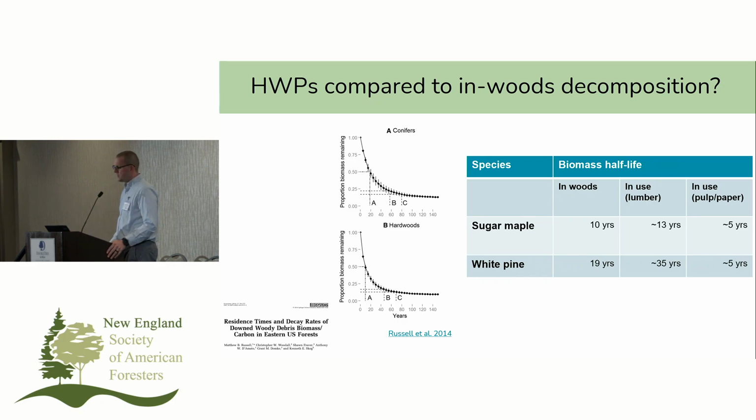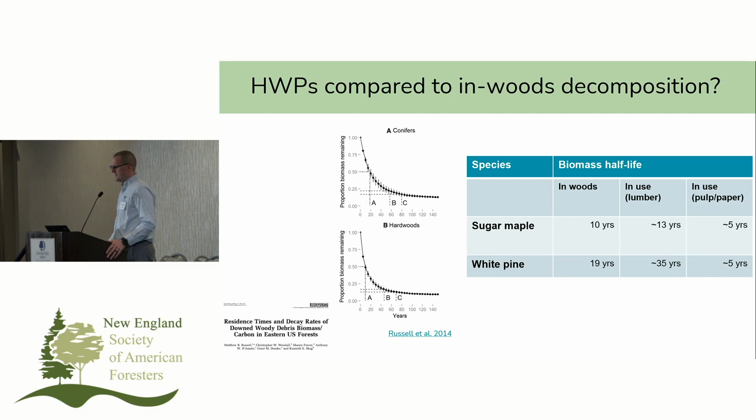If we compare it to the biomass half-life in lumber, well, certainly the wood's going to stay around a lot longer if it's in a durable wood product like lumber than if it was used in, say, pulp or paper. The pulp and paper is around for about 5 years, according to some of the equations that we're using, whereas lumber is going to survive for decades.